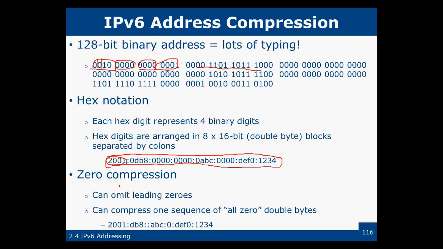The compression makes it a little bit handier because we can represent a string of all zeros with a double colon one time. You can only have this one time in the system.